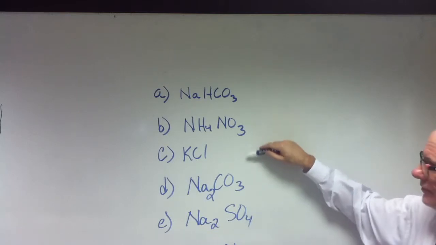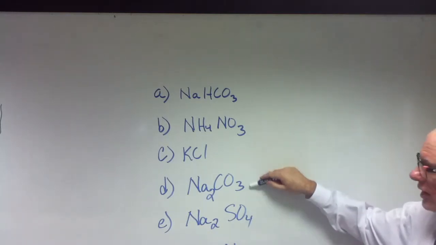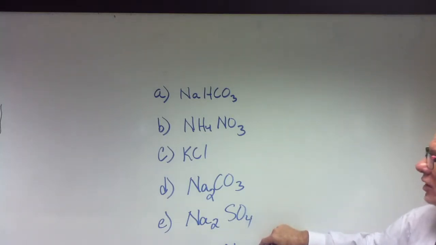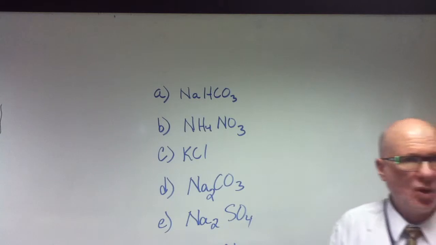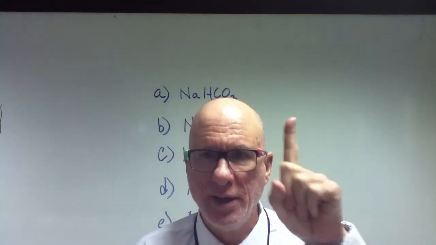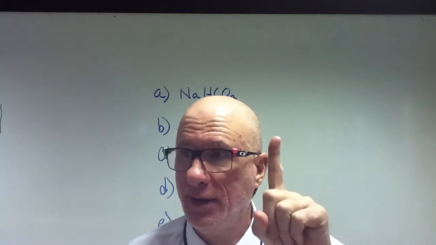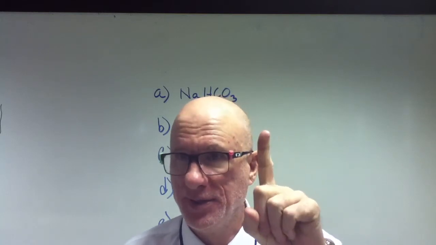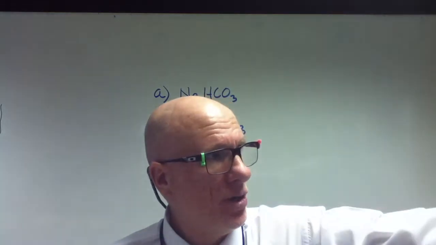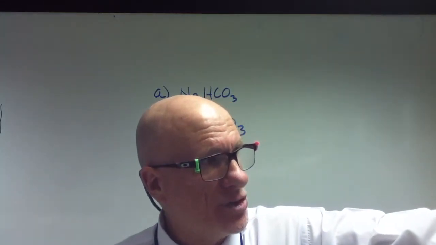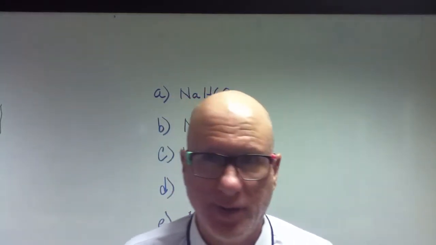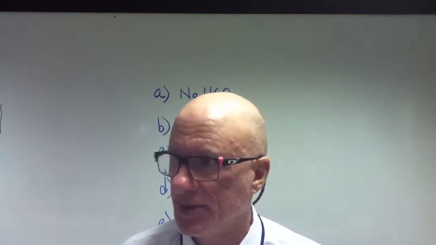Ammonium nitrate, potassium chloride, sodium carbonate, sodium sulfate, ammonium chloride. Notice that in terms of solubility rules, all 1A or group 1 elements, their salts are always soluble. So lithium, sodium, potassium, rubidium, cesium, francium, they're all soluble. All the salts from those elements, right?